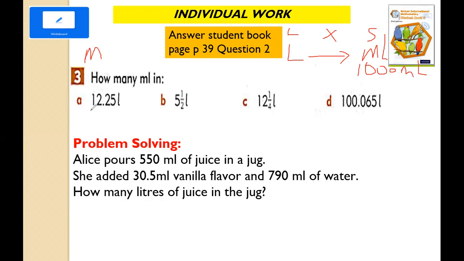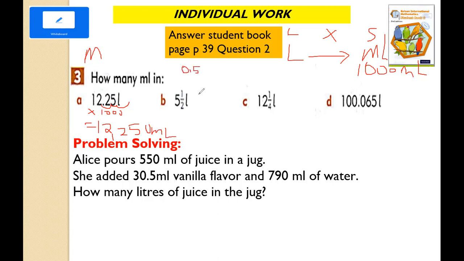Okay, check your answer. So let's multiply all of these by 1,000. How do we multiply with decimals? We will move to the right. So 1, 2, and 3. So the answer is 12,250 ml. Okay, half means 0.5.